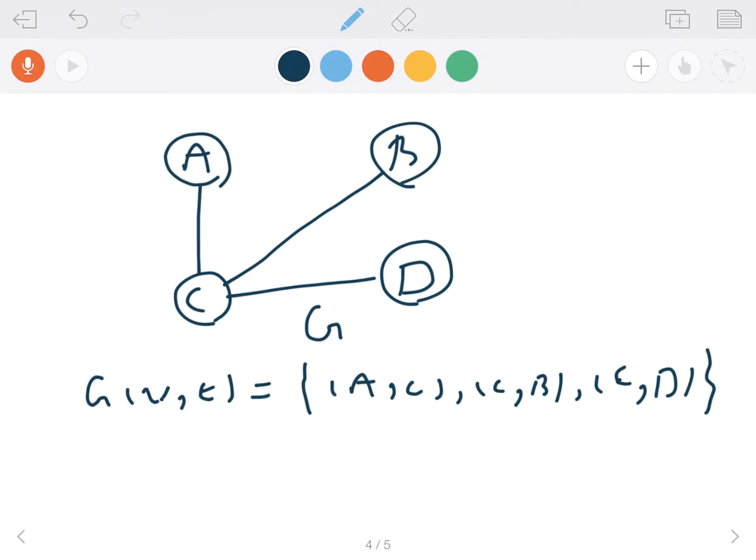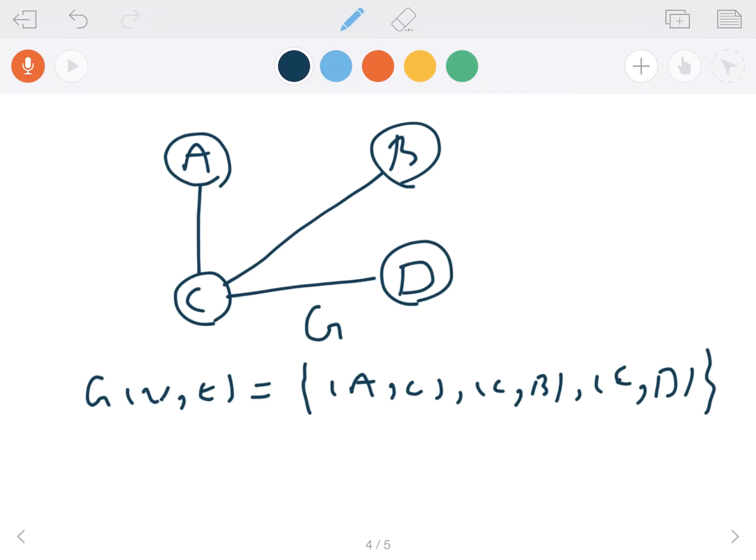The source should be first and the destination second. If G is a directed graph and there is an edge that goes from A to C, then we cannot write this as C to A unless there exists another edge that goes from C to A. But for now, because the graph is undirected, we can write it A comma C or CA, also for the rest of the edges. So this is showing a graph using the edge list.